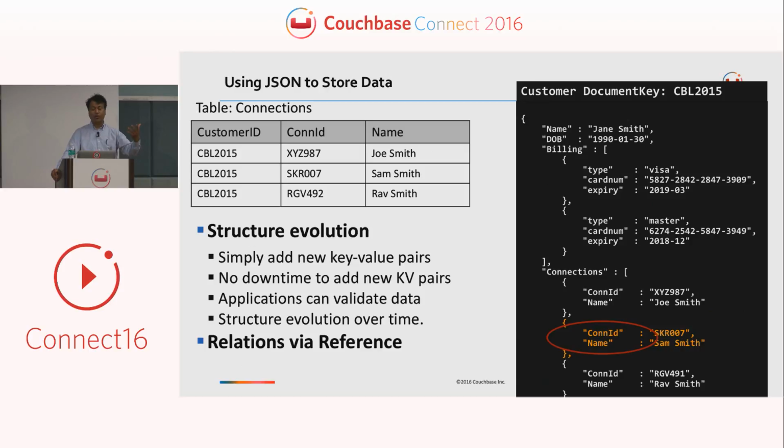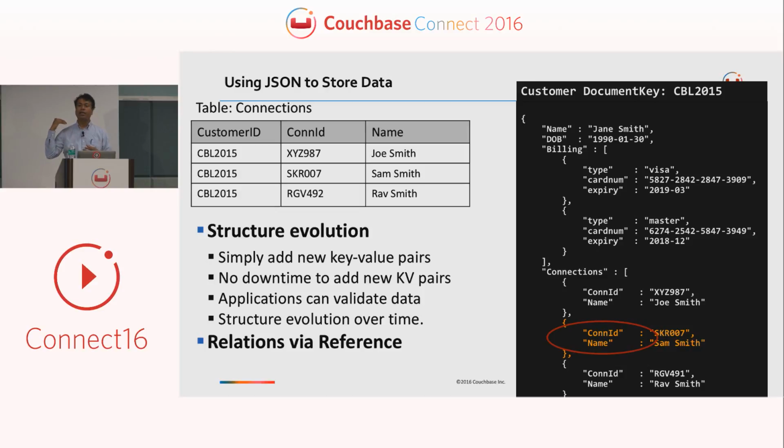Then let's say you had created the customer object just with the basic information and billing. As the structure evolves, if you want to add connection information, you simply need to assign a new attribute, basically update this customer object, set connections equals whatever object or arrays you need to save.